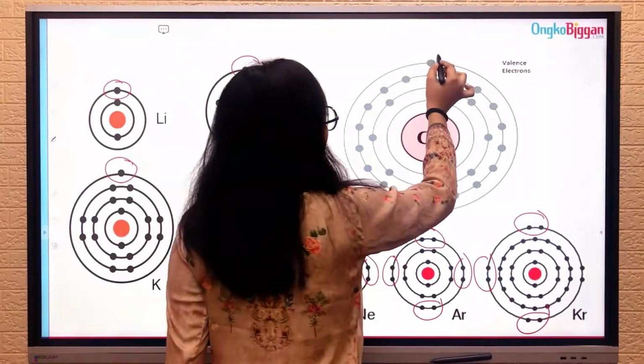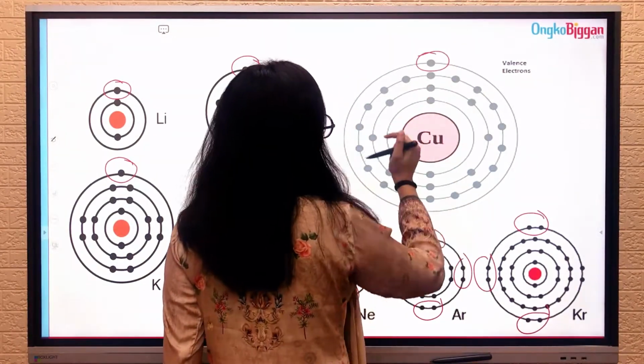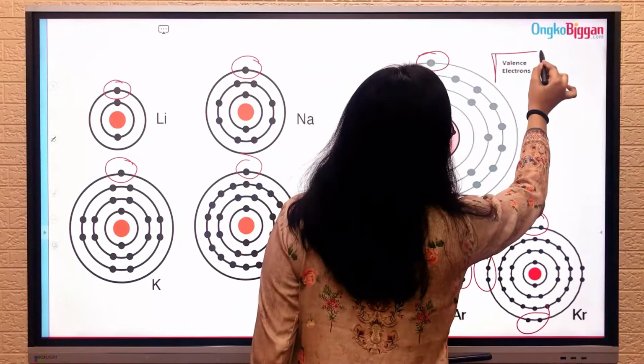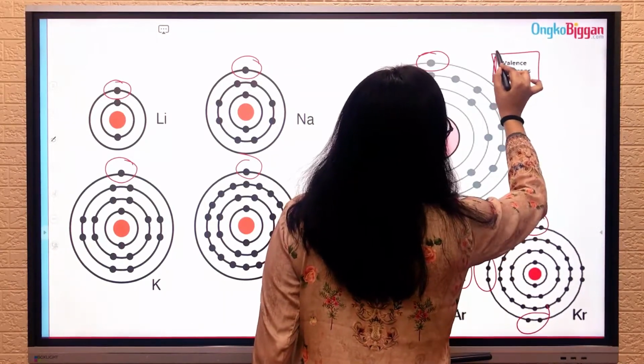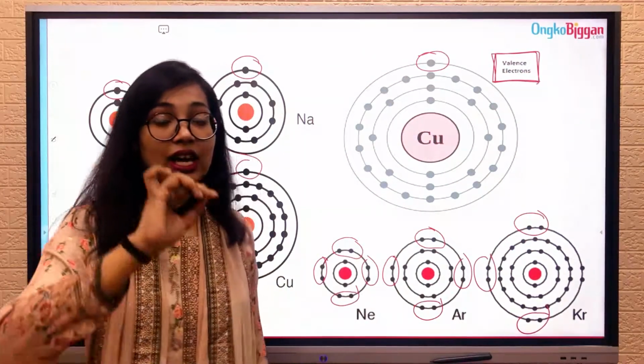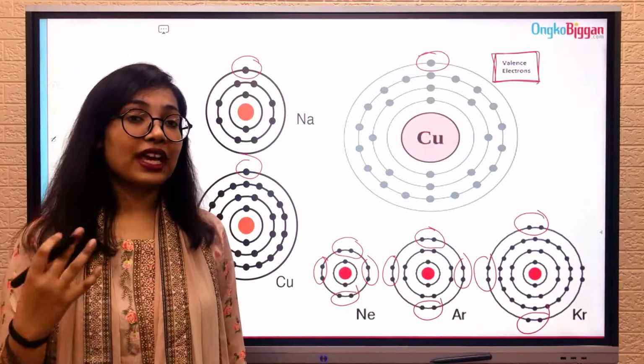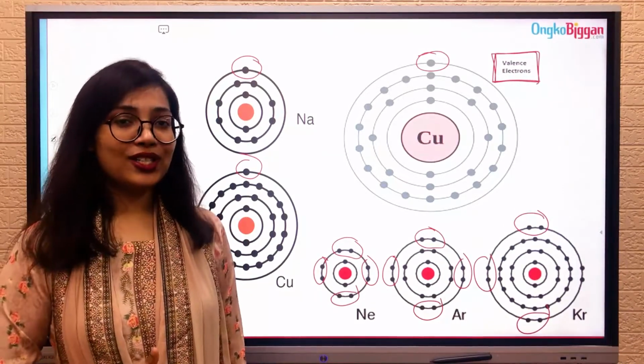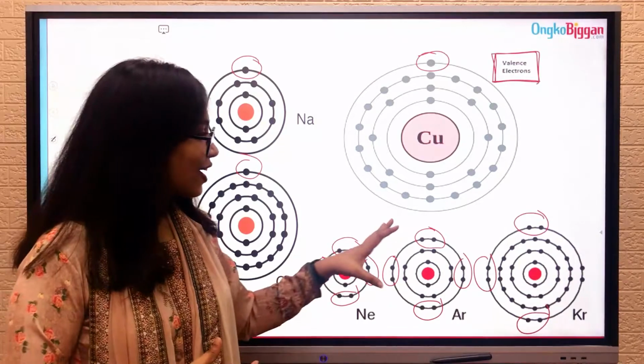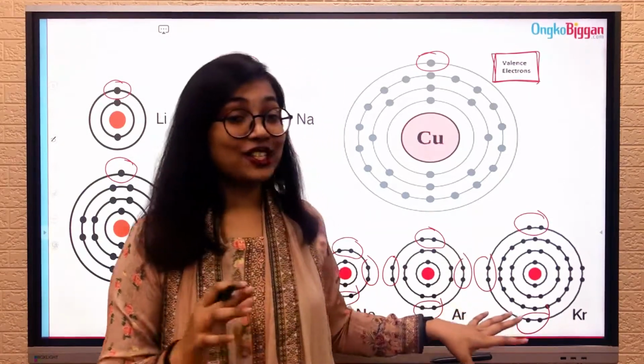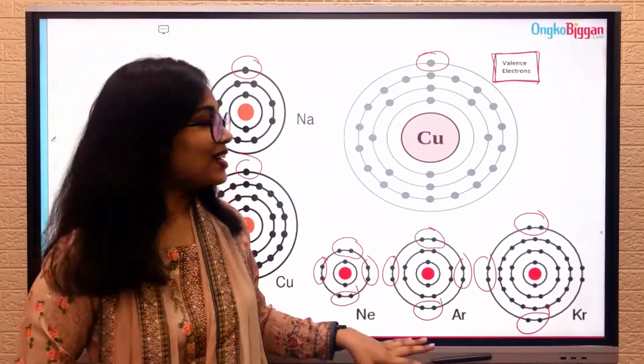Here you can see the picture of copper. So this is the valence electron. The electrons which are situated at the outermost energy level of any atom are called valence electrons. So if I have made my point clear, let's proceed to the definition of valence electron.